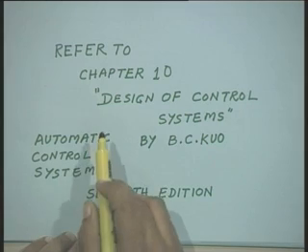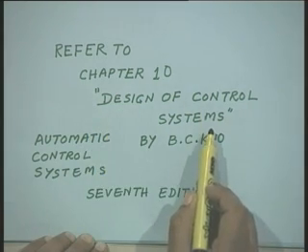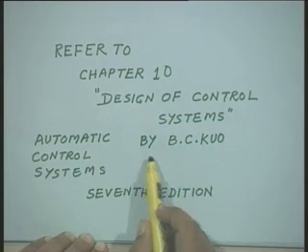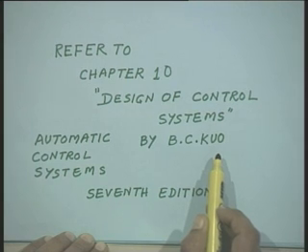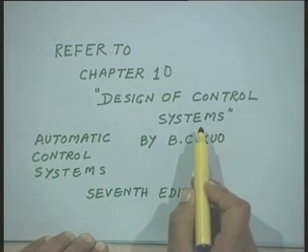To understand the basic concepts of designing the phase lead compensator, or for that purpose any linear compensator, I will advise you to read chapter 10, which is Design of Control Systems.